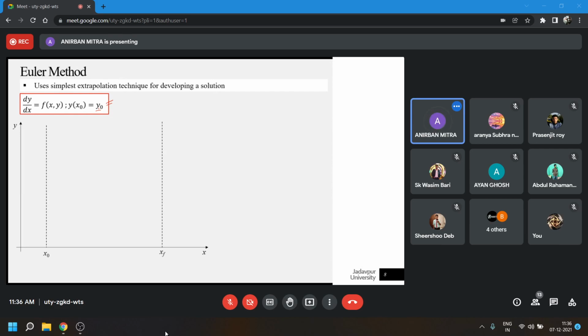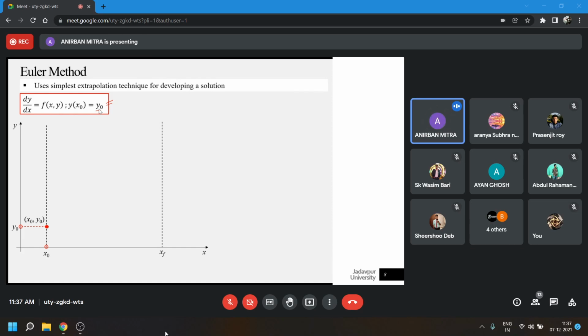Let us first of all try to understand what this method does graphically. So we have the xy plane over here, and we also have indicated the zone of solution or the region where this solution of the ODE is to be obtained, and that is x0 to xf. What else is known to us is this initial point, because it is an initial value problem. The initial point x0, y0 is given to us, which indicates that the solution curve is going to start from this point.